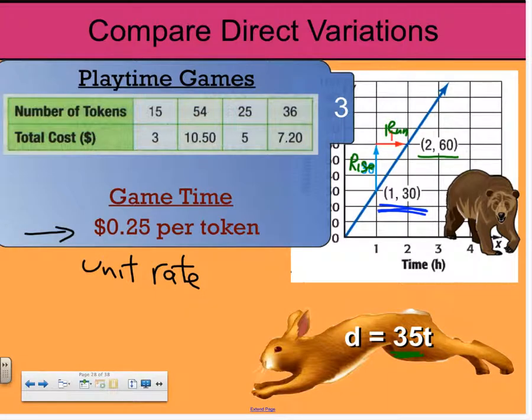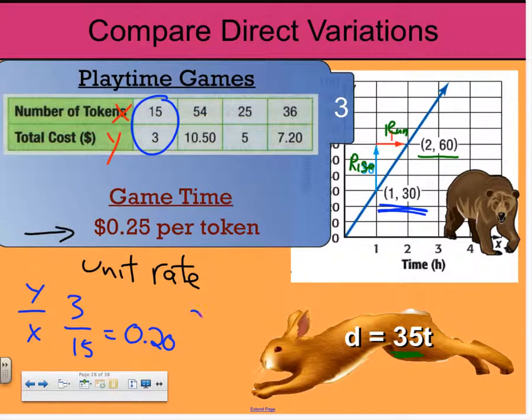All I have to do is do some division. Now I know that cost is usually Y. The number of something is usually X. So as Savannah mentioned before, I can take any one of these pairs and just divide. If I take this pair right here and do Y divided by X, which is 3 divided by 15, I get 0.2 or 20 cents.